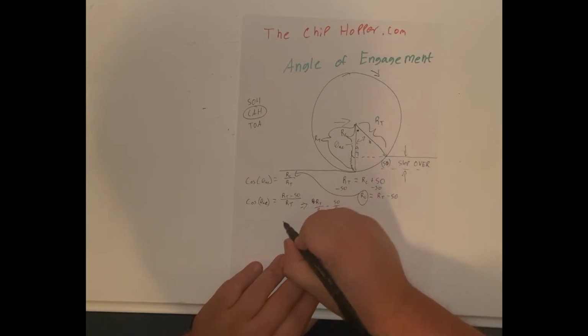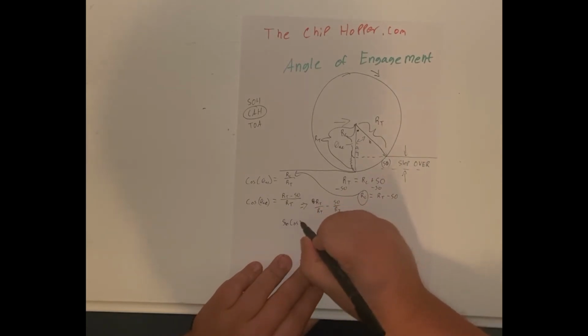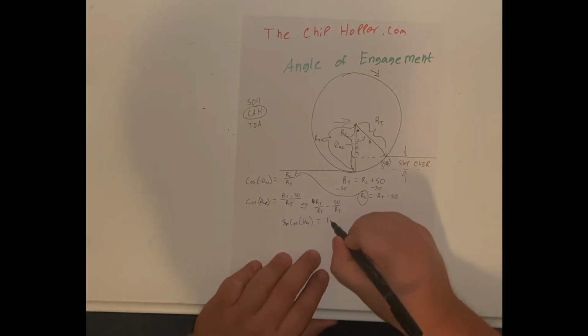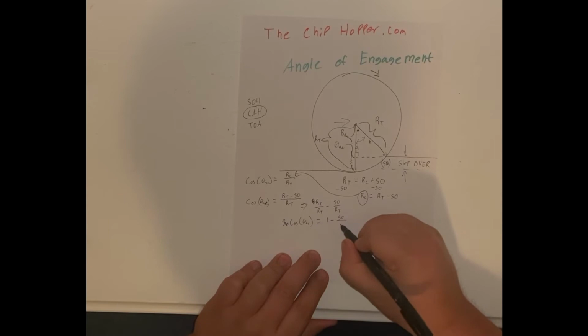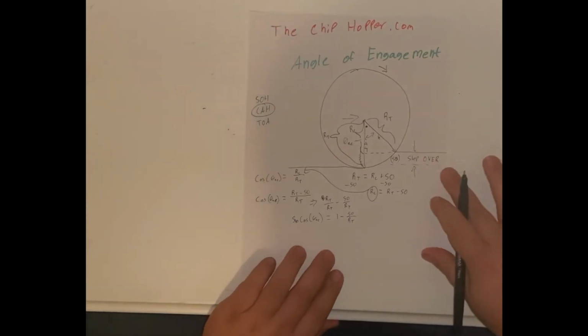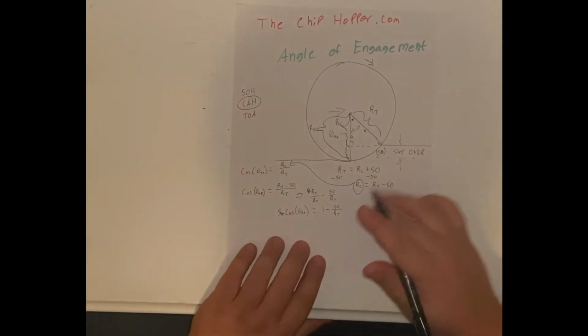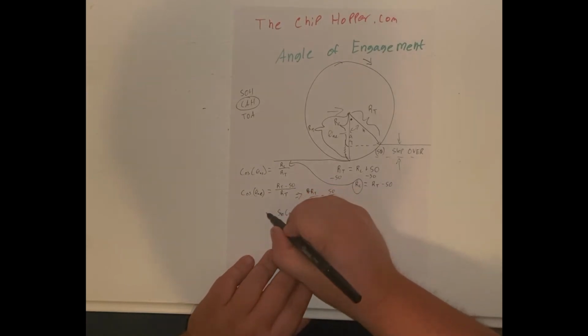You can simplify the expression: cosine theta equals 1 minus SO over RT. Now remember, we're trying to find theta, so we need to take the inverse cosine of both sides.